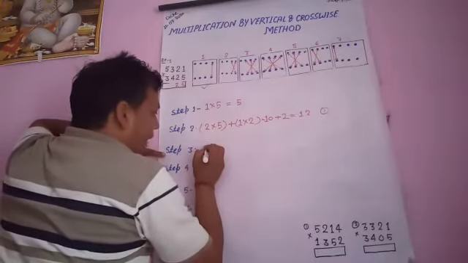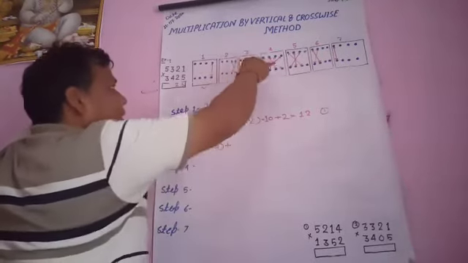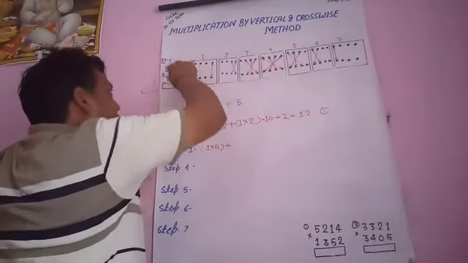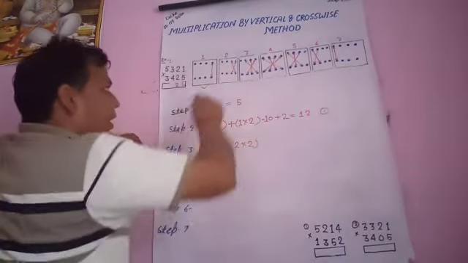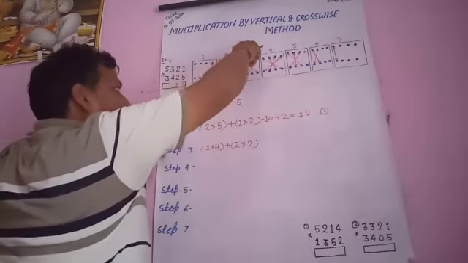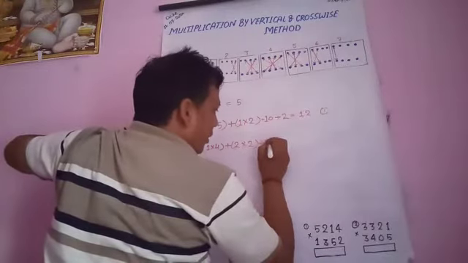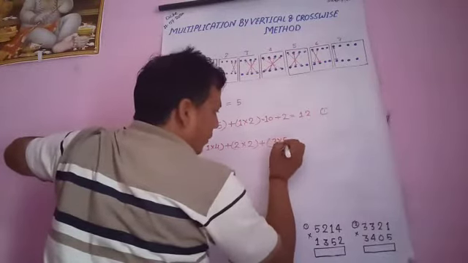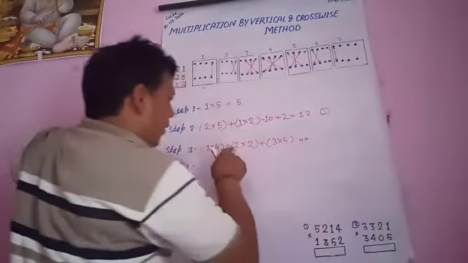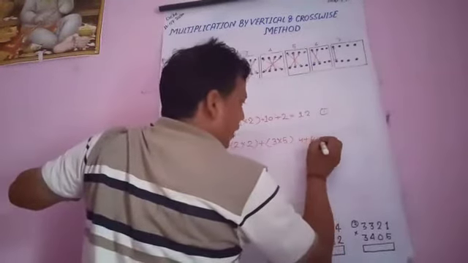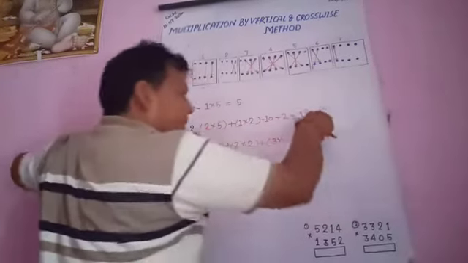So 1 into 4 plus, second, 2 into 2, third, 3 into 5. 1 four is 4, plus 2 twos are 4, plus 5 threes are 15, plus the carry.